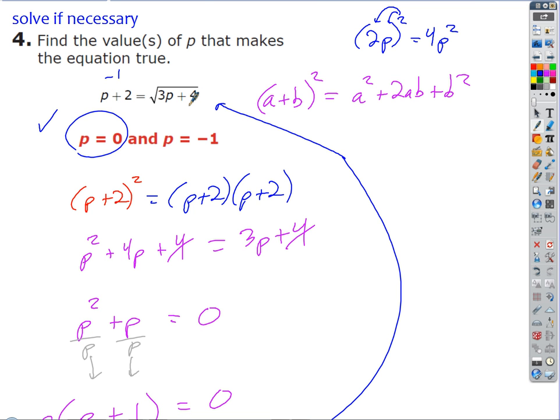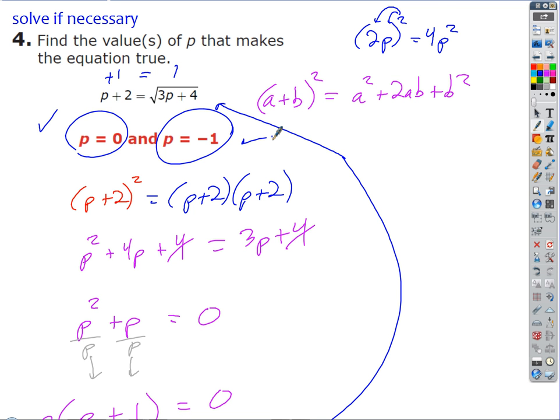What's the square root of 1? 1. So I get, oh, hang on a second. That one, oh, yeah, it does work, because I get 1 on that side, not negative 1. Negative 1 plus 2 is 1, right? So 1 equals 1. Check. It works too.